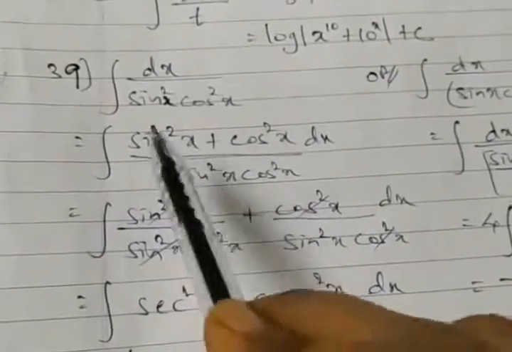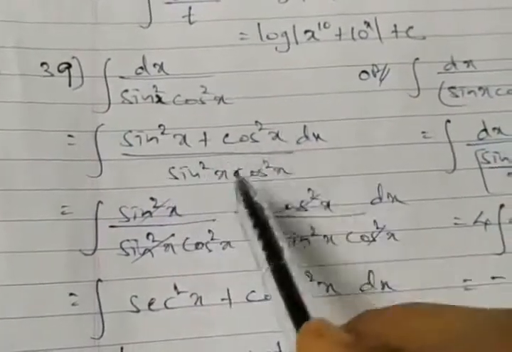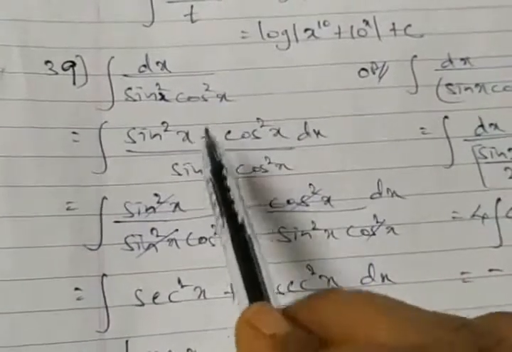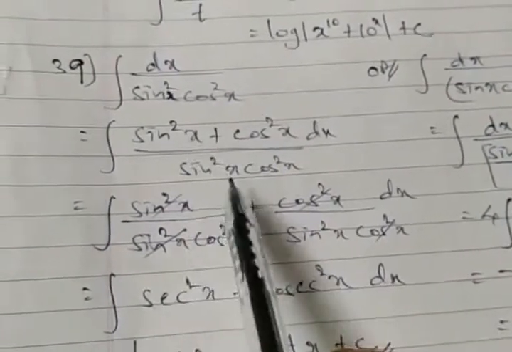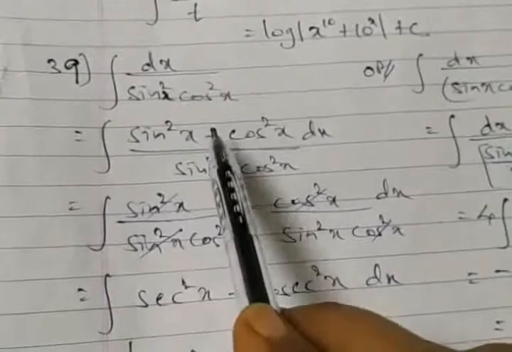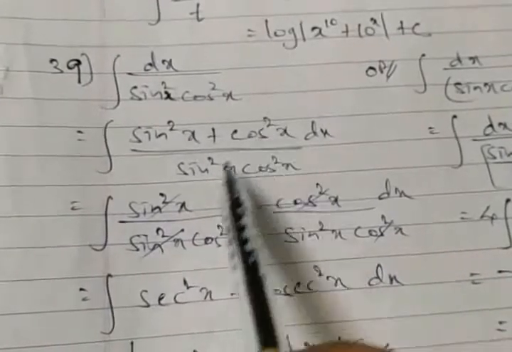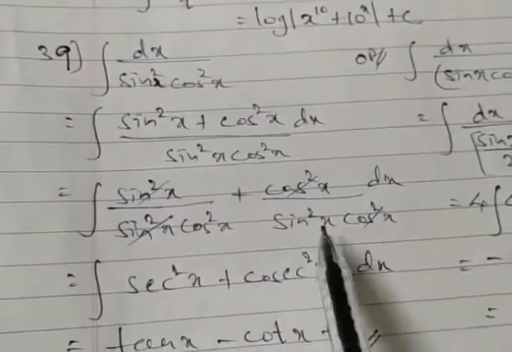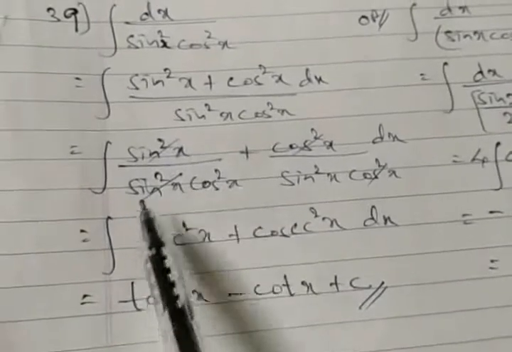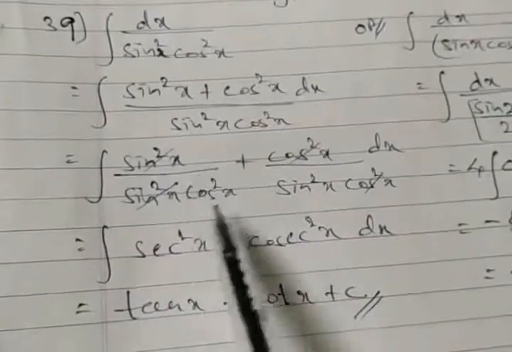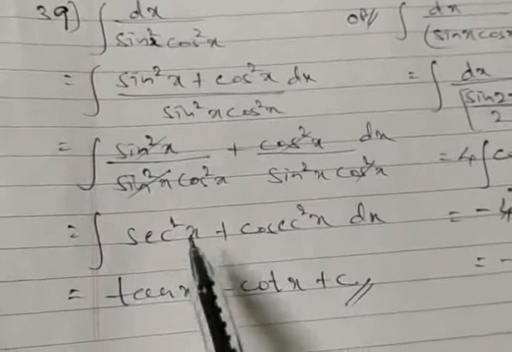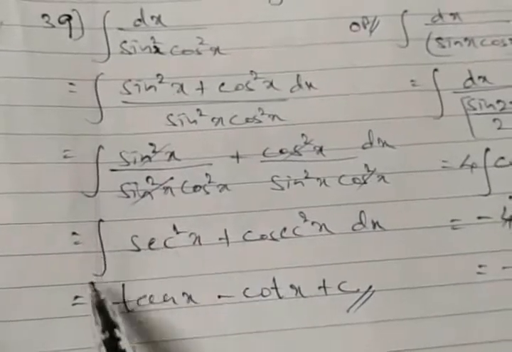Let's go for term by term division. I split the term: sin square x upon this term plus cos square x upon this term. Sin square gets eliminated. We are left with 1 by cos square, something special, 1 by cos square, secant square. We are happy to see this in the integration process.